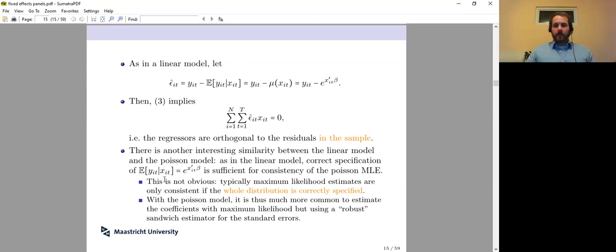Maybe only the mean is Poisson, but not the variance and not the higher moments. So what you could do is that the coefficients estimated with Poisson are consistent, and then you do robust sandwich estimation for the standard errors. And this is, again, really as if it was a linear model.